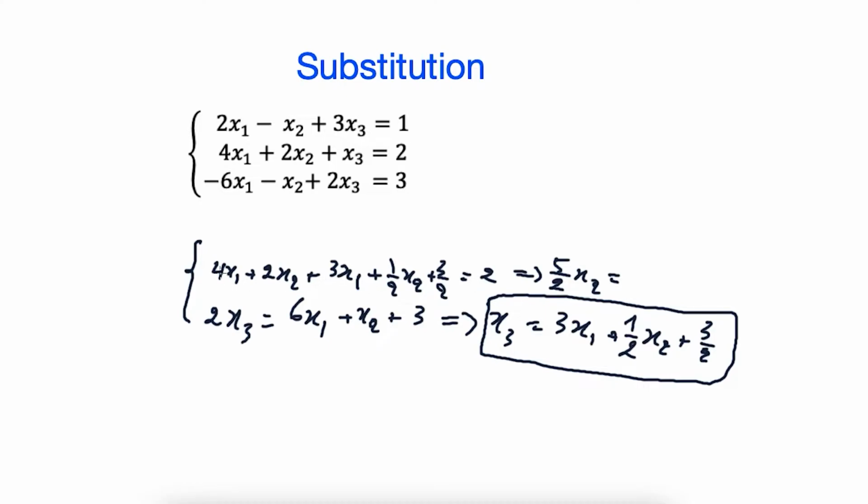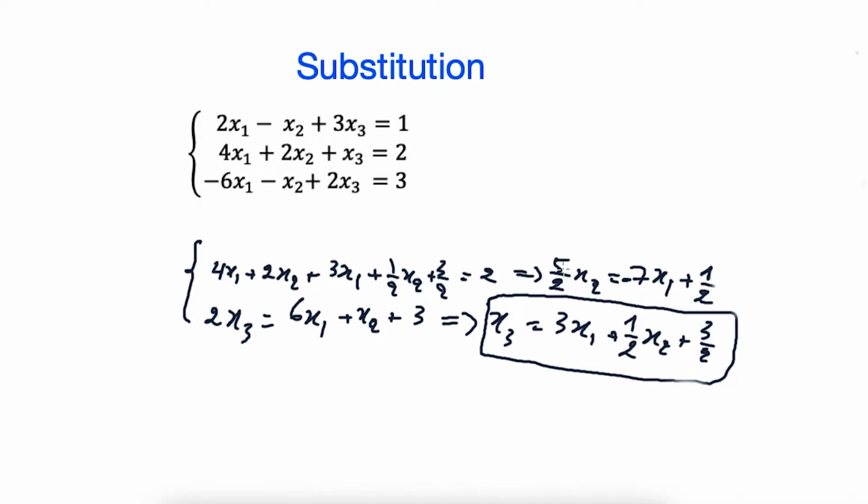We have 4x1 plus 3x1, which is 7x1, but it will be minus 7x1 because we convert it to the other side. And here we have 2 minus 3 over 2, which is plus 1 over 2.